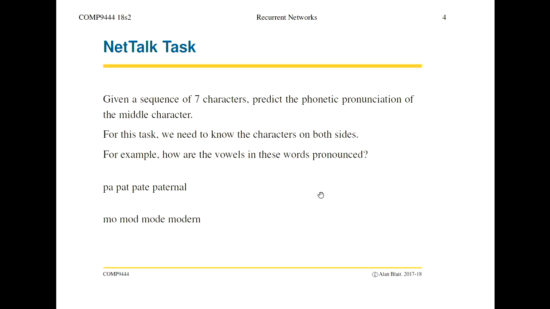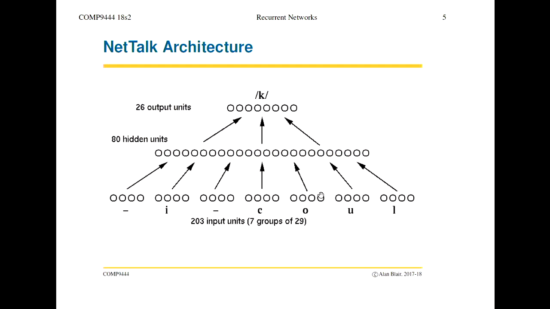Mo, mod, mode, modern. So it keeps switching around. And you see quite a lot of this in English. The presence of an E changes the quality of the previous vowel and so on. Double letters.